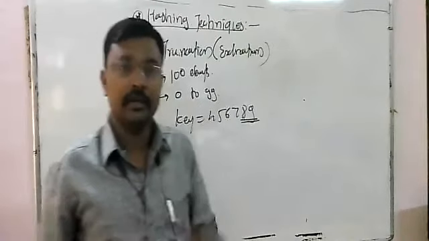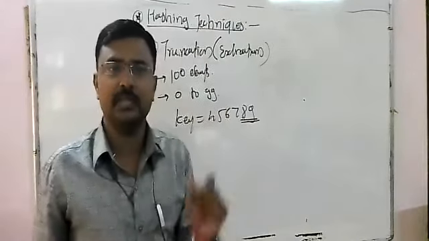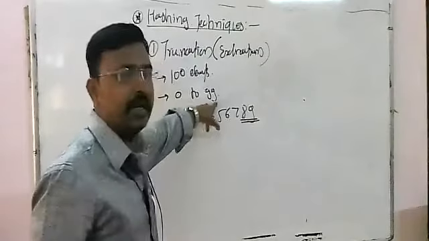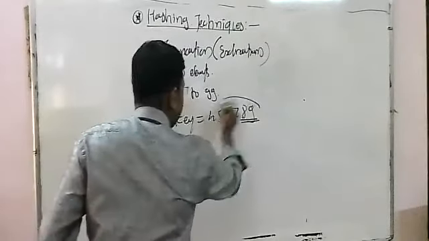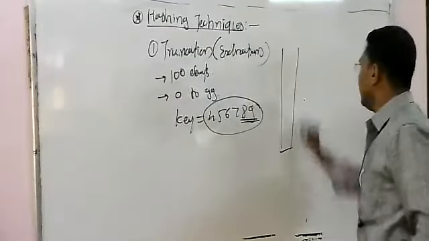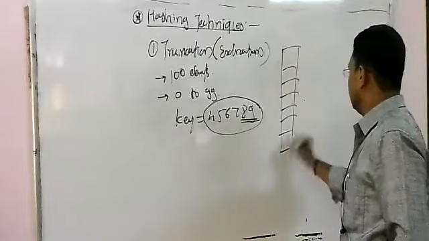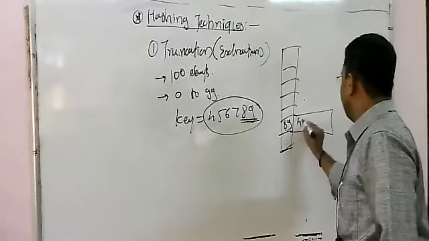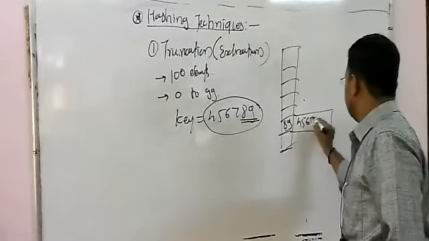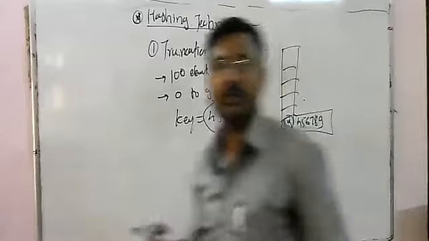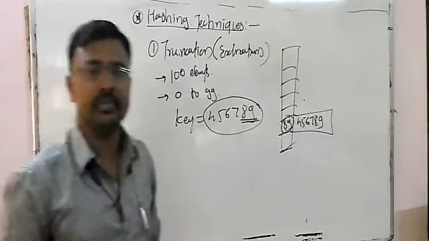And what index range do we have? We have a range from 0 to 99. So this whole element is stored into the hash table at index 89.